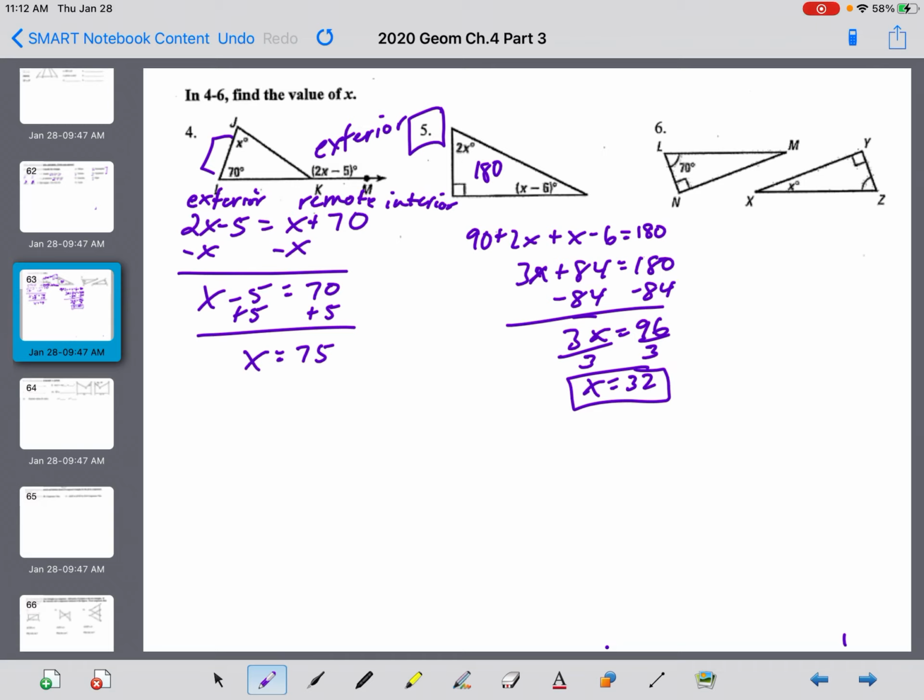Now number 6 uses some corresponding angles that are congruent. So wherever you see the right angle box, it's 90. Wherever you see an arc mark in this picture is 70. It goes with that as well. So we can get x because we can do 90 plus 70, which is 160, and 180 minus 160. x is equal to 20 degrees.